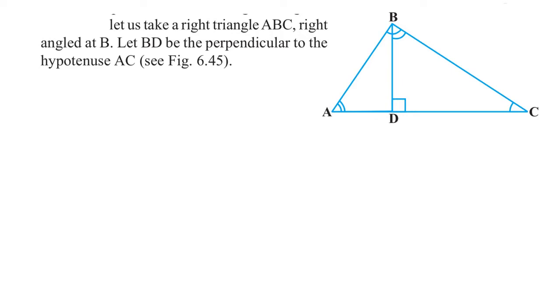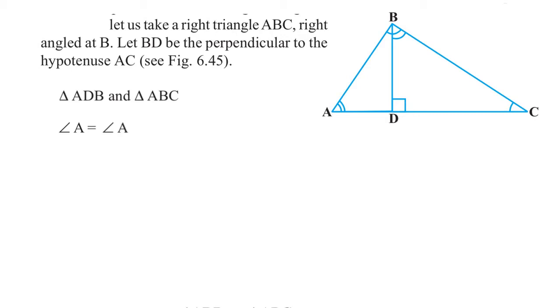Now in triangle ADB and ABC, what do you observe? ADB, this triangle, and the whole triangle ABC. Can I say angle A is equal to angle A? Why? Because angle A is common to both the triangles ABD as well as ABC.